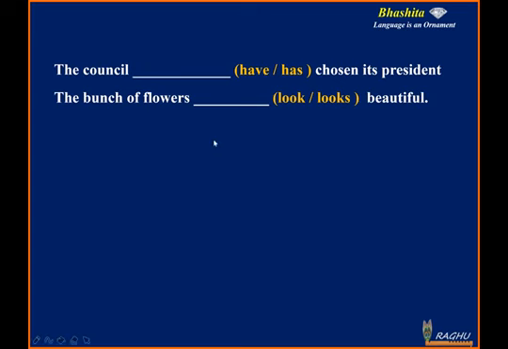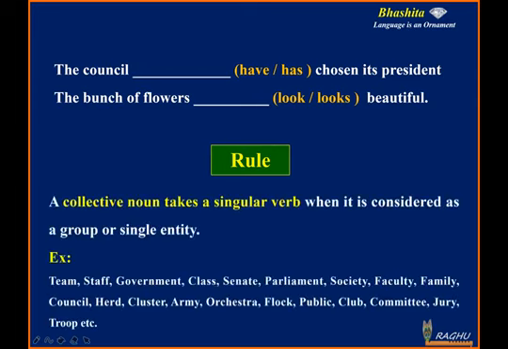You know that if you know the rule, it is easy to answer them. Let us know the rule now. There are collective nouns in the English language. They always take a singular verb when they are considered as a group or a single entity. So let me explain this rule.